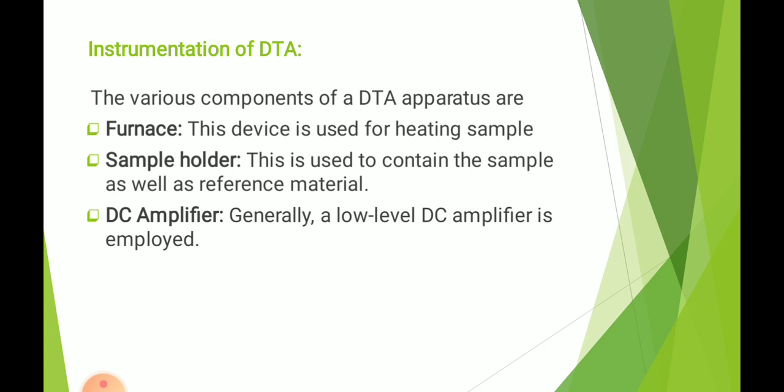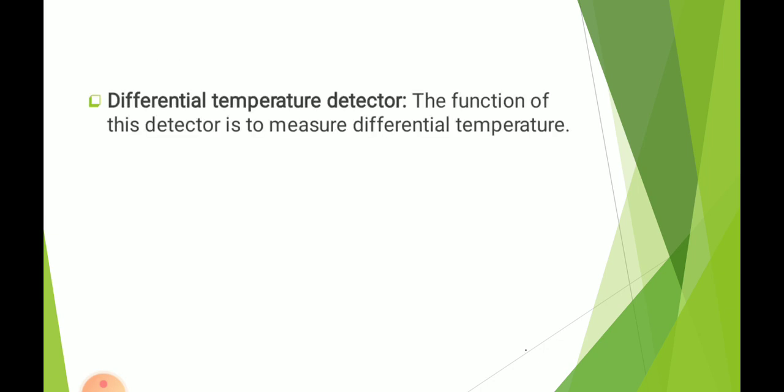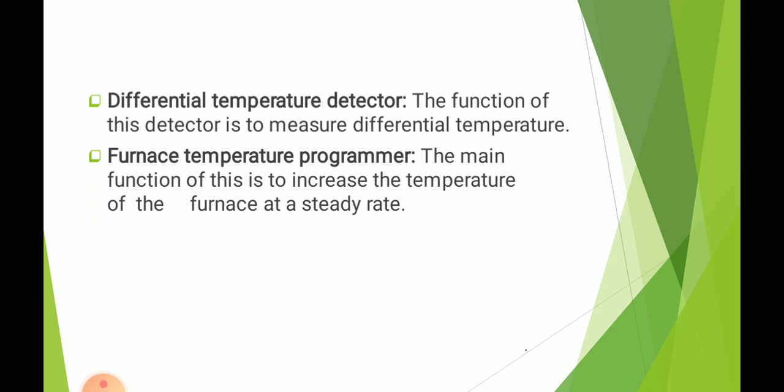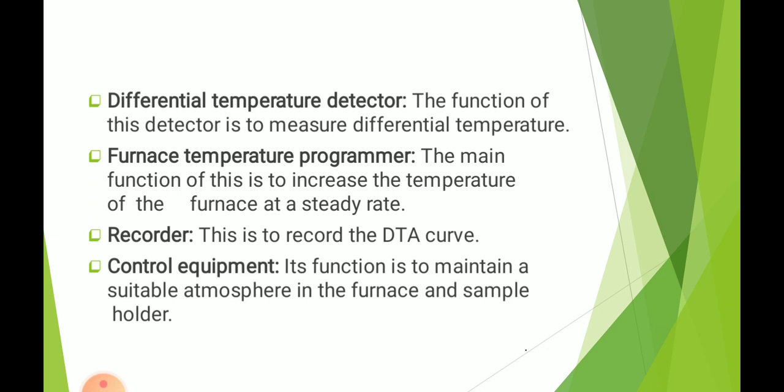Next one is the furnace temperature programmer. Here the main function of this is to increase the temperature of the furnace at a steady rate. Next one is the recorder. This is used to record the DTA curve. Next one, the control equipment. Its function is to maintain a suitable atmosphere in the furnace and sample holder.